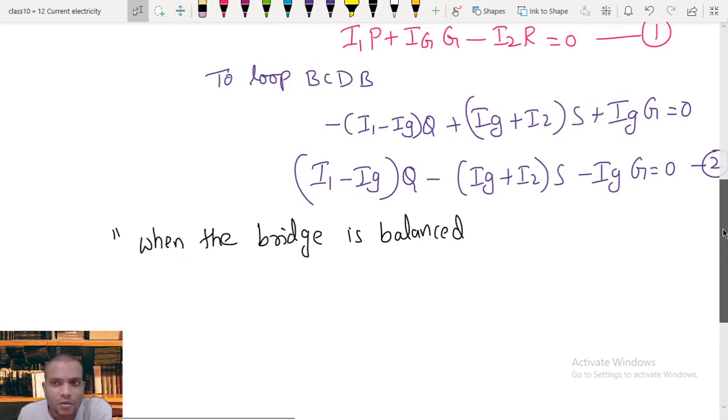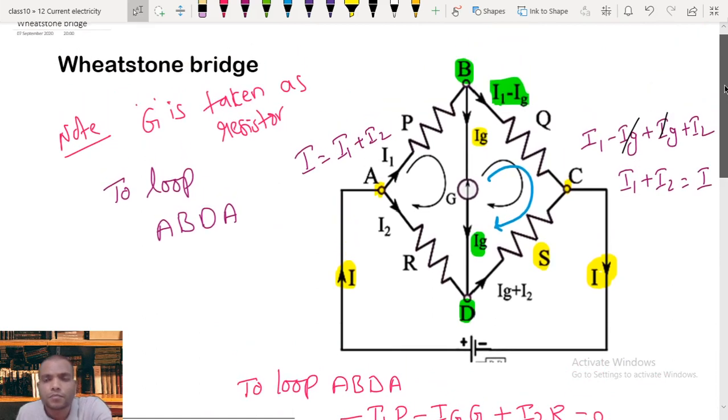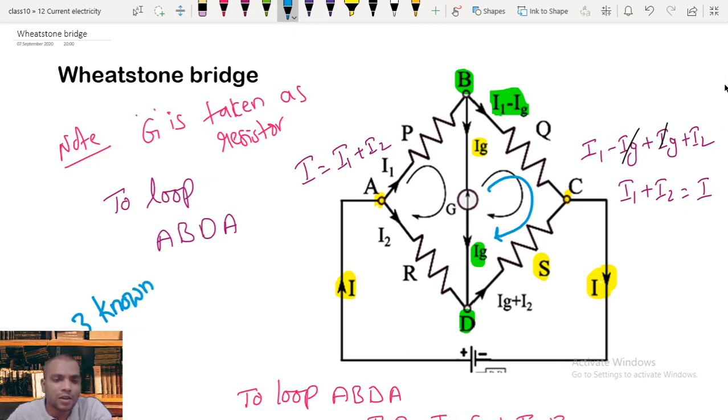When the bridge is balanced, it means usually if you use resistances for a practical purpose in the Wheatstone's bridge, during a particular situation, you use the resistances P, Q, R, S. Here I started with three known resistances, meaning three resistance values I already know, and I need to find the unknown resistance.